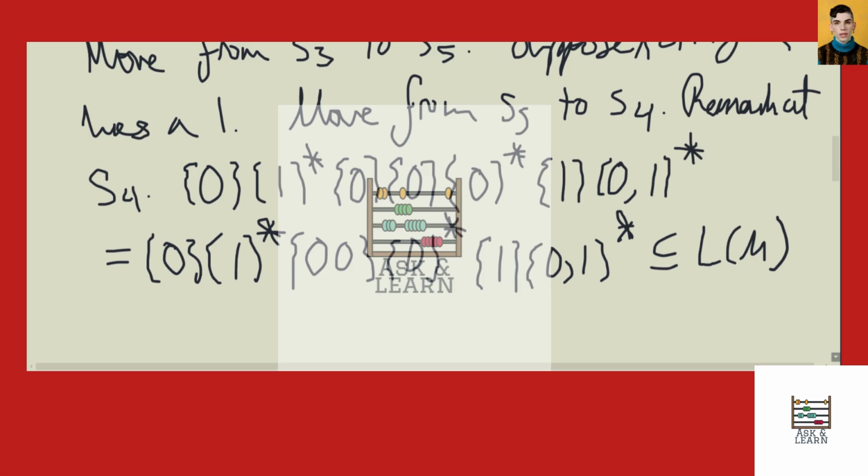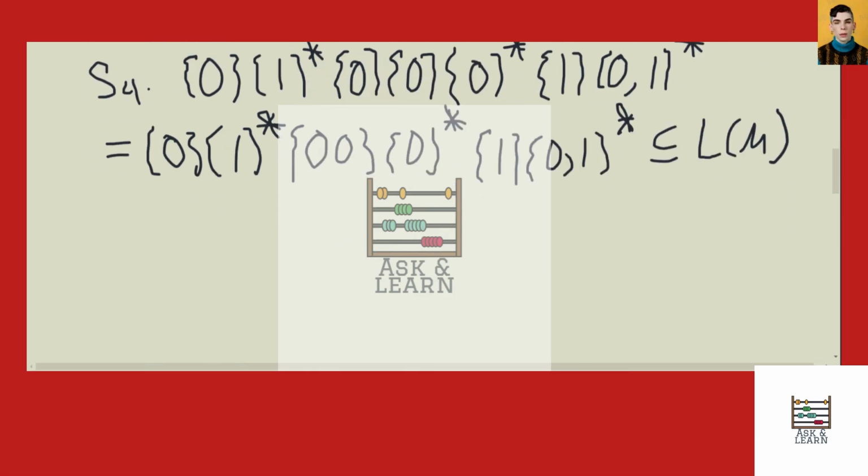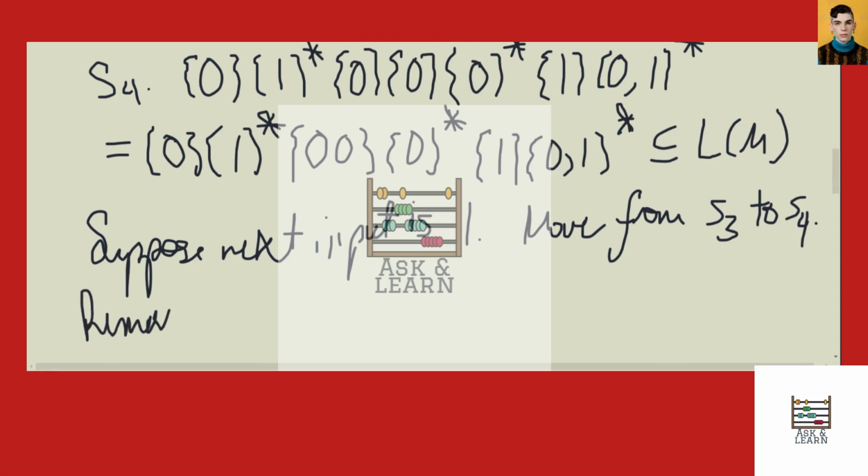Now, we're still at S3, but suppose that the next input, instead of being a 0, is a 1. Then we're going to move from S3 to S4. And of course, we see that we'll remain at S4 regardless of the input.